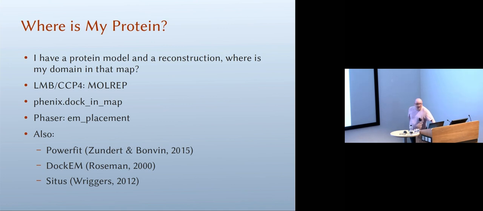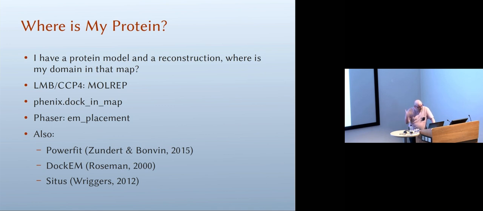And so another part of the questions we could be asking about our reconstruction is, I have a protein model and a reconstruction, where is my domain in that map? So this is like the molecular replacement question we might be forming if we had X-ray data.